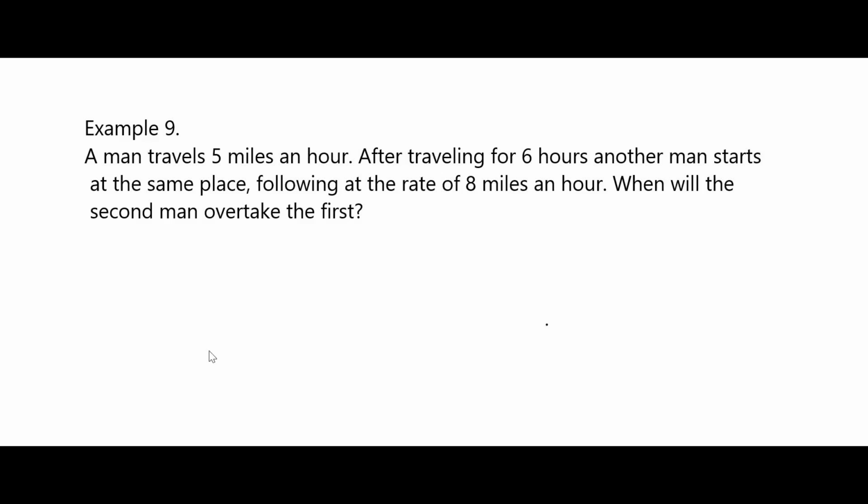Example 9. A man travels 5 miles an hour. After traveling for 6 hours, another man starts at the same place, following at the rate of 8 miles an hour. When will the second man overtake the first?